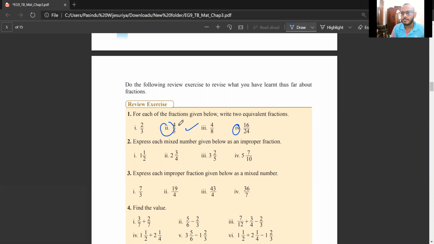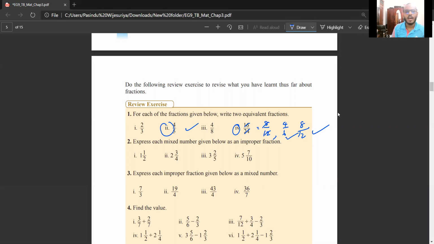Because this is the simplest form, you can't divide more, since there are no common factors. But here you can divide. So 16, you can divide this by 2. It's 8 over 12. And also divide this by 2, which is 4 over 6. So you can write 4 over 6 and 8 over 12.